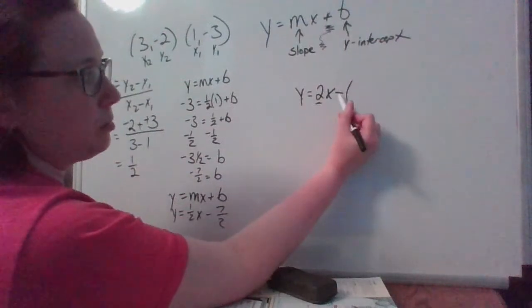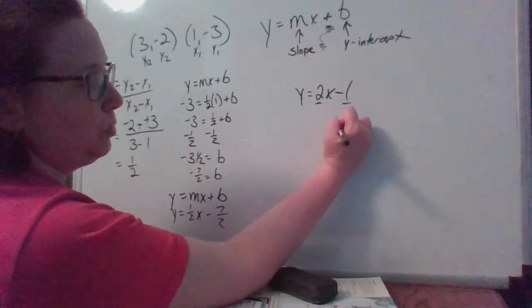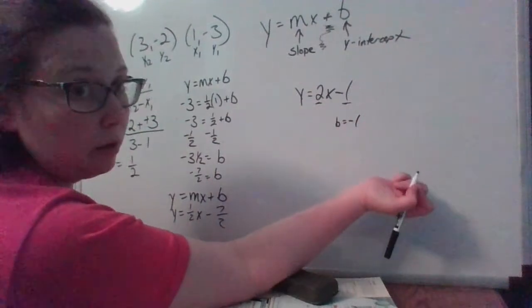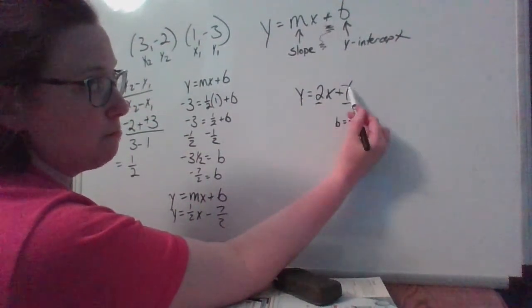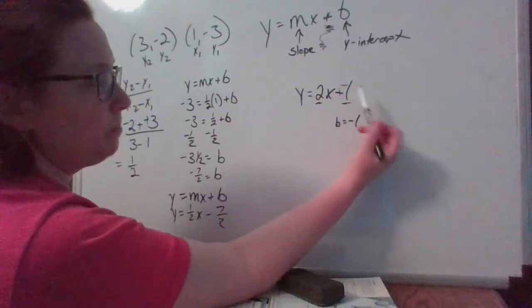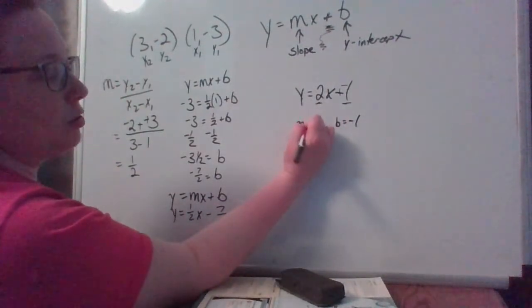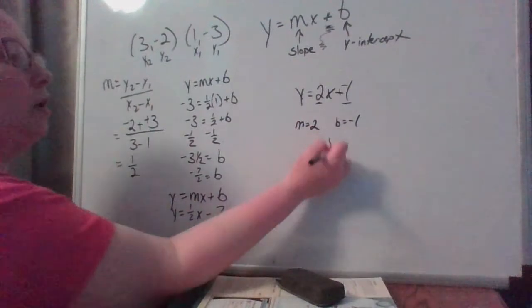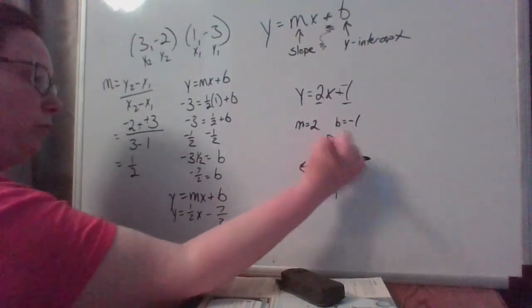This is a minus, which means our y-intercept is going to be -1, not +1. You think of that as plus a negative. So our y-intercept is actually -1. Our slope here is 2. Knowing those two things, we can graph.